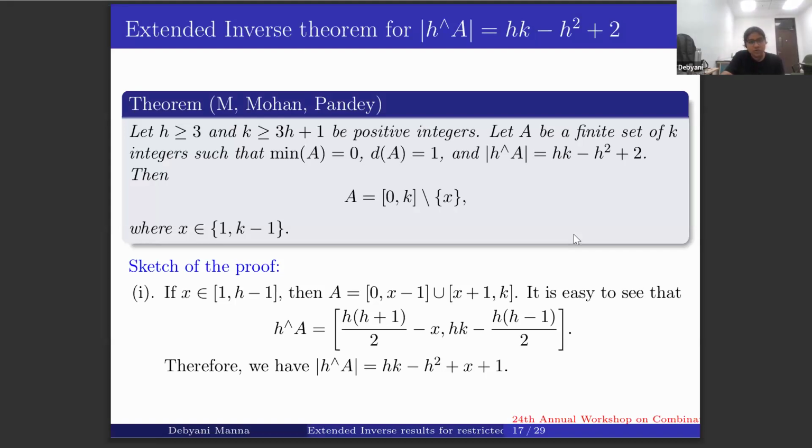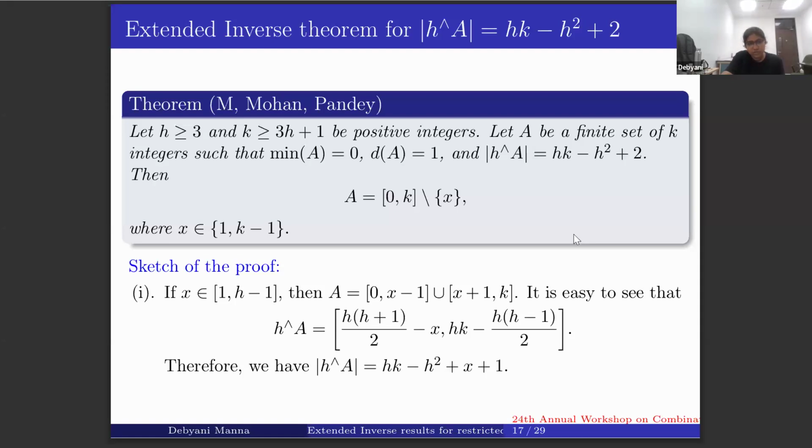So for k greater or equal to 3h plus 1, and a is a finite set of k integers, if this cardinality holds, then a must be 0 to k minus x, where x must be one of these, 1 or k minus 1. So this calculation is quite easy.